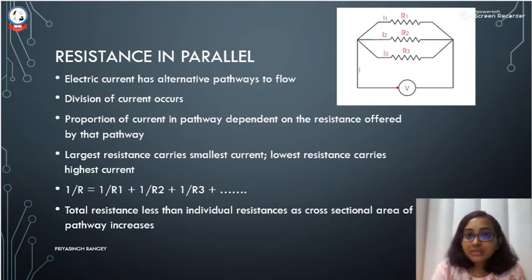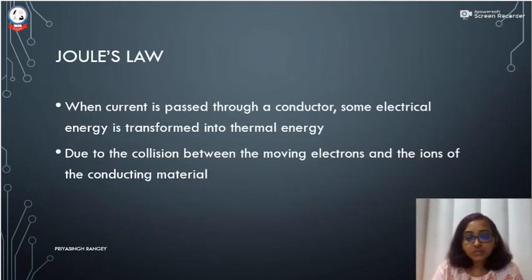So the total resistance that we get here would be less than the individual resistances that are being applied, since the cross-sectional area of the pathway is increased. So the benefit of using a resistance in parallel kind of arrangement is that we get lesser amount of resistance present inside an electrical circuit. So these are the two different kinds of arrangements.